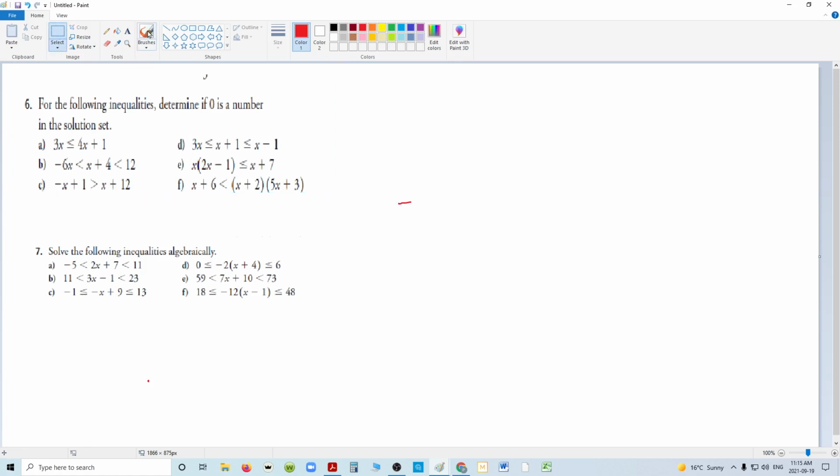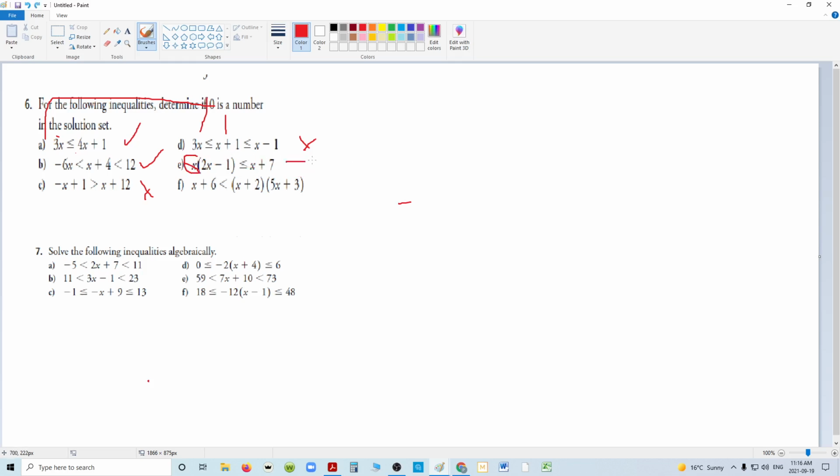For the following, determine. So just plug 0 in. Is 0 smaller than or equal to 1? Yes. Is 0 smaller than 4 smaller than 12? Yes. Is 1 bigger than 12? No. Is 0 smaller than 1 smaller than minus 1? 1 is not smaller than minus 1, so no. Is, this will make everything here 0, smaller or equal to 7?